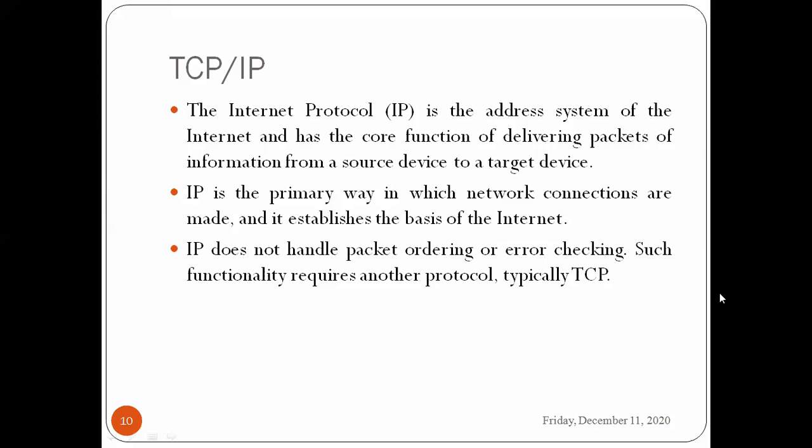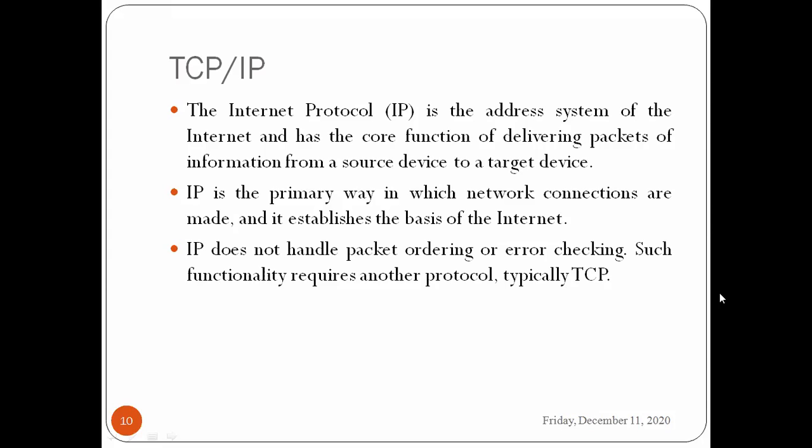The internet has a core function of delivering packets of information from source to target system. That is the simple meaning of the internet protocol. It is responsible for delivering packets from one system to another system.